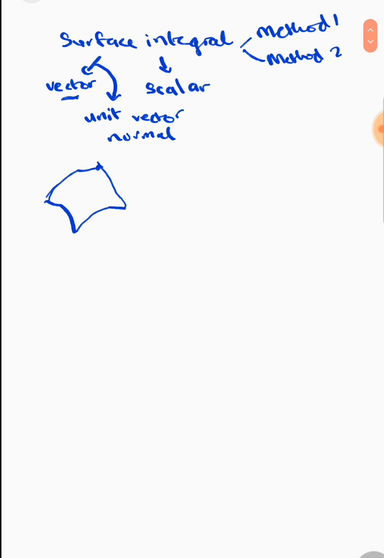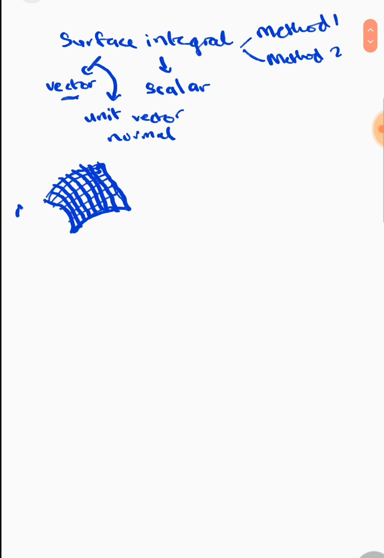We have this surface area bounded by this geometry here. What we're going to do is get the surface area by splitting these surfaces into very small tiny surface elements.